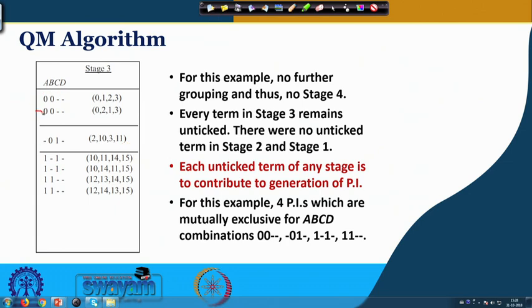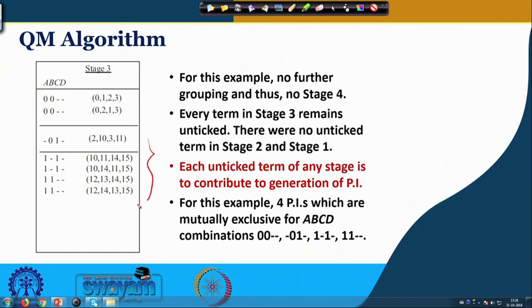If we examine this and this, 0 dash, the A position it is differing, B position not differing, C position it is differing, D position not differing. So, again two positions it is differing, so it cannot be further combined. Only one position should change to become a member of a group in the next stage.